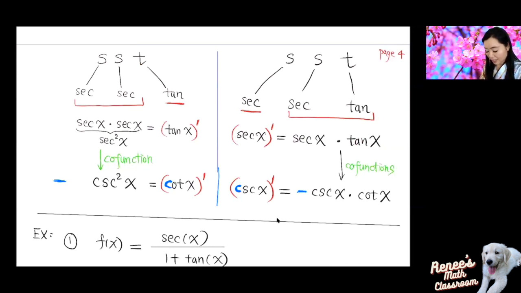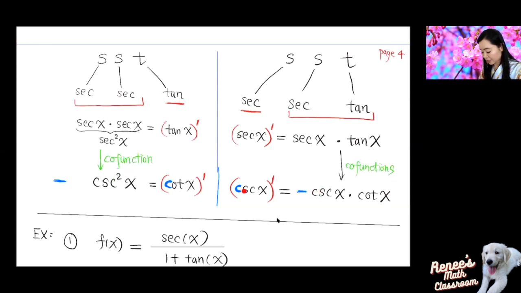Now, the derivative for cotangent x, well, this is a co-function of this, right? Since the derivative of tangent x is secant squared x, the co-function for secant is cosecant. So you just put cosecant instead of secant. So it will be cosecant squared x. But it starts with this c over here, then you put a minus sign, okay? Remember cotangent, cosecant, then the derivative had this minus sign in front.